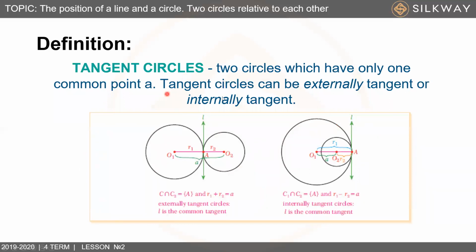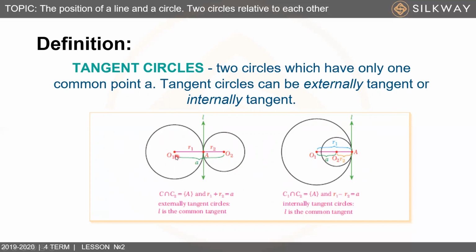Definition: tangent circles. Two circles which have only one common point A. Tangent circles can be externally tangent or internally tangent. Here we have two circles, the radius of the first circle is r1 and the second one is r2.